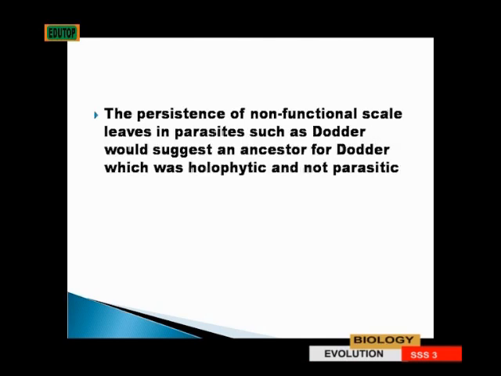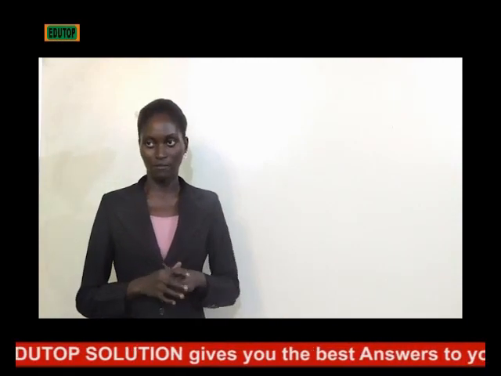The persistence of non-functional scale leaf in parasites, such as we have in the dodder plant, will suggest an ancestor for dodder that was holophytic and not parasitic. That is, when we talk about parasitic plants, dodder is one example that quickly comes to mind. But this is now telling us that it has a persistent non-functional scale leaf.